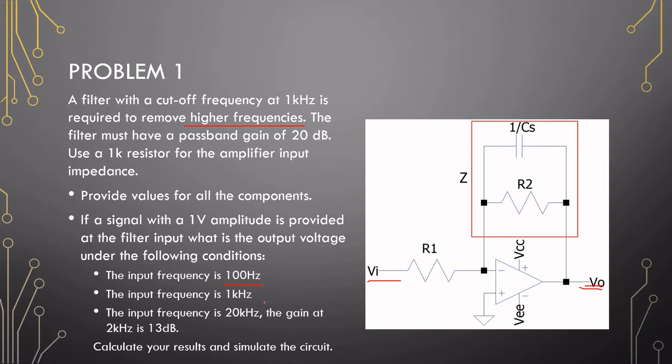Same for a 2 kilohertz, same for a 20 kilohertz signal, provided that 2 kilohertz has a gain of 13 decibels. Okay, so calculate the results and simulate the circuit. So pause the video there for a moment and attempt to design and see if you can figure out what these values should be.